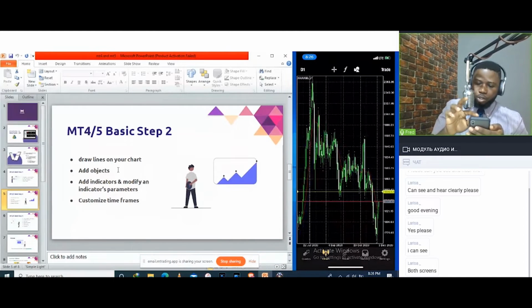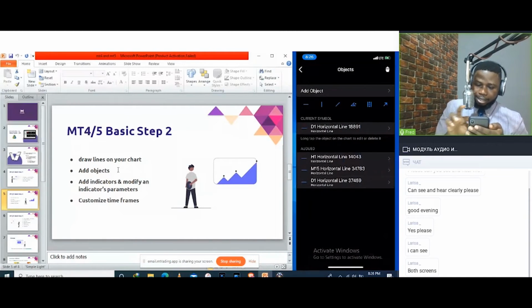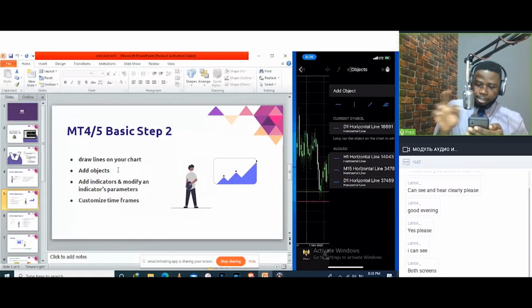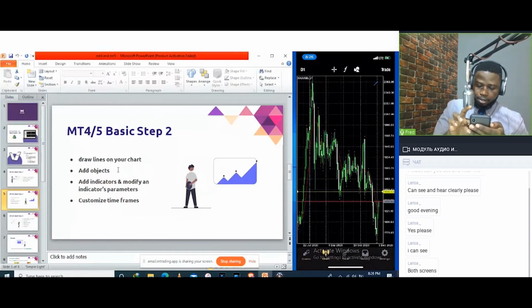Let's say I want to also draw a trend line. Let's use this. Okay, there you go. I just picked it out from the current price. Here we go. You can just draw your trend lines.